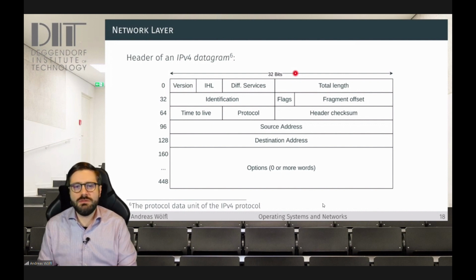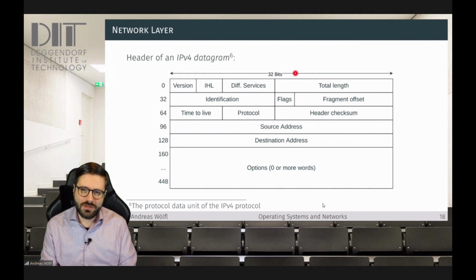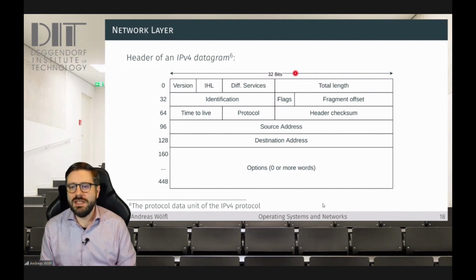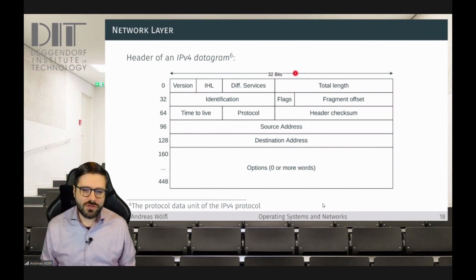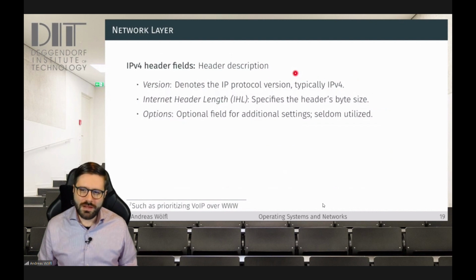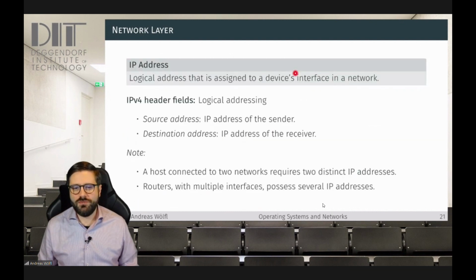And as many devices have multiple IP addresses, we have an upper limit of devices that can participate in the internet using IPv4. This is a limitation that is addressed in IPv6. But nevertheless, we have to deal with the 32-bit IP addresses. An IP address is just a number in binary, and we write this number up in a special format.